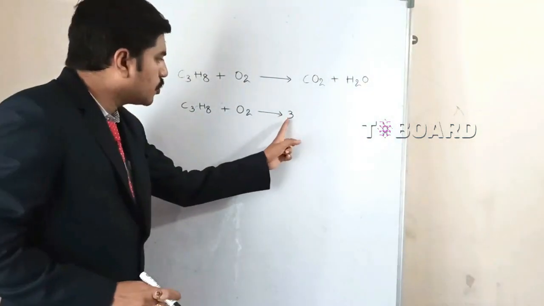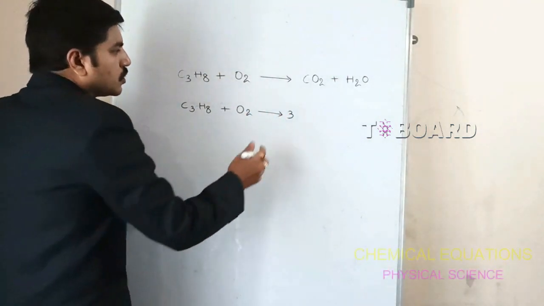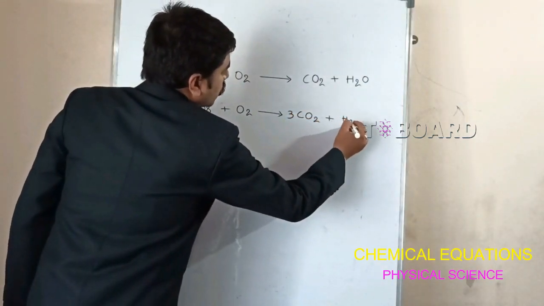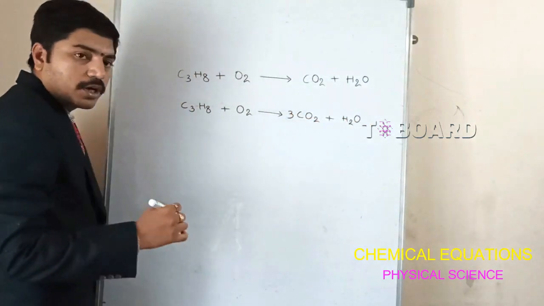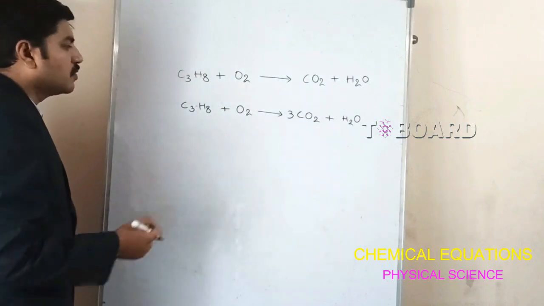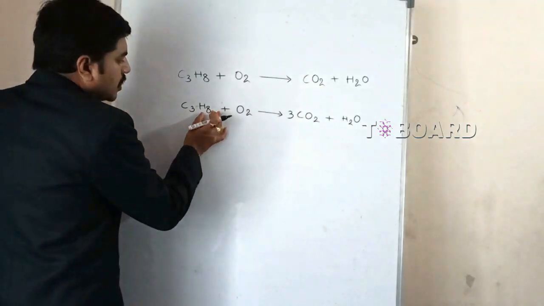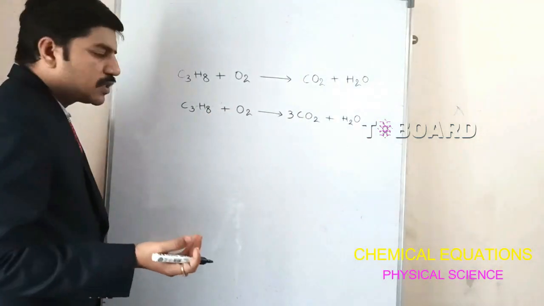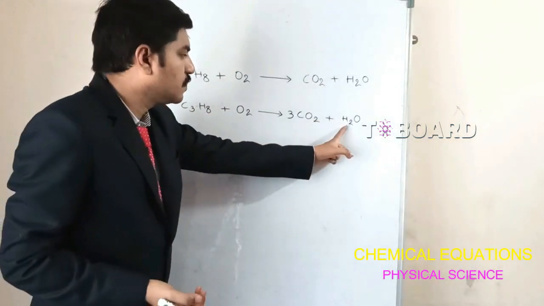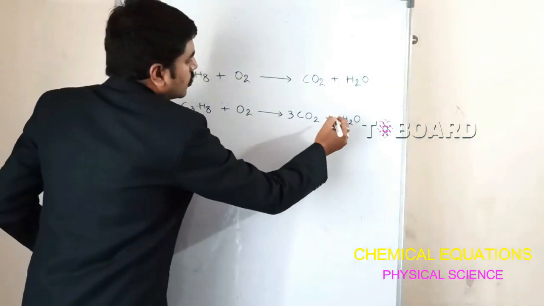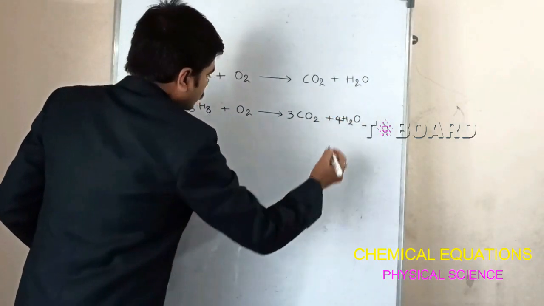So here also I am going to change it to 3: 3 CO2 plus H2O. Carbons are balanced, but what about the remaining terms? Hydrogens are 8 here, and here only 2 hydrogens are there. So I want to change it to 4, since 4 twos are 8.